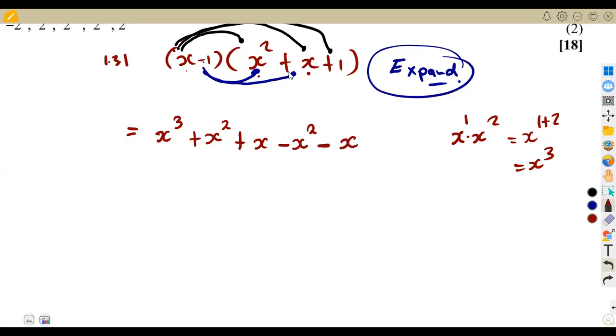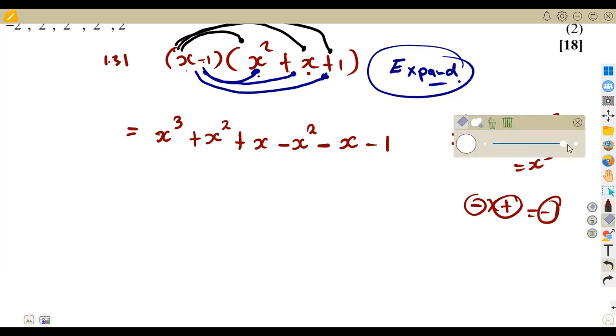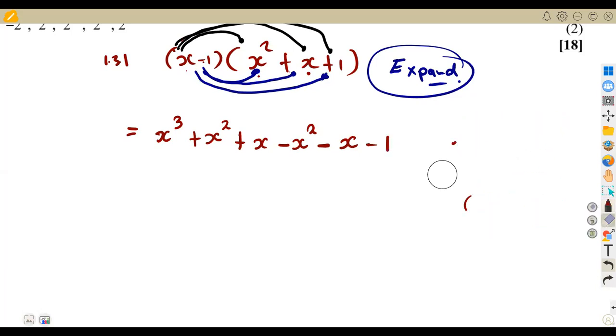Remember, when you multiply a negative to a positive, it gives you a negative number. All right. Then you do the same thing, negative to positive 1. We get a negative 1 in that case, because you're multiplying a negative to a positive, you're going to get a negative at the end. So that was your expansion.